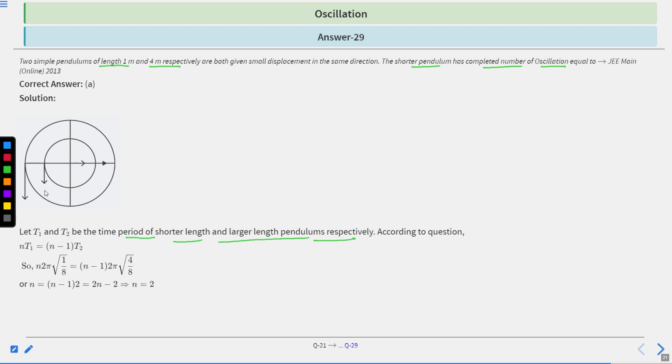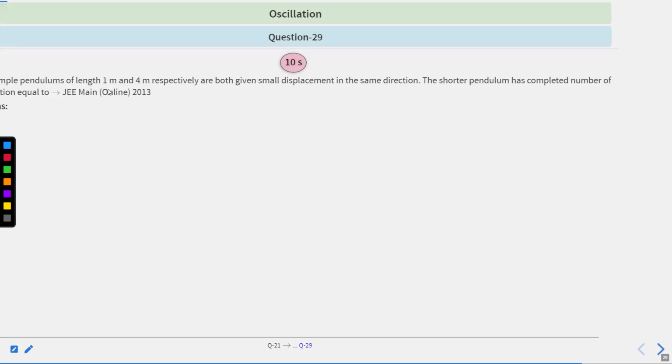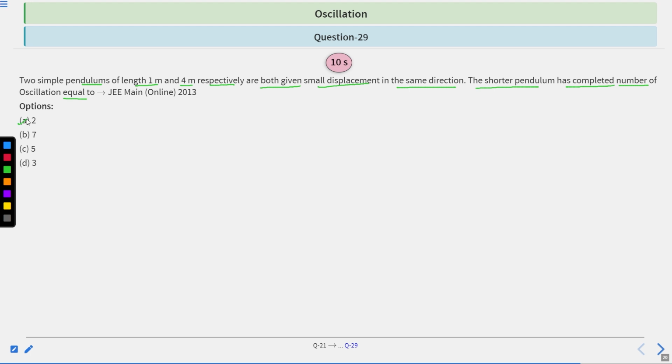According to the question, n T1 is equal to (n minus 1) multiplied by T2. Solving this equation, you will get n times 2 pi under root 1 by 8 is equal to (n minus 1) times 2 pi under root 4 by 8. After solving, you will get n equal to 2. So option A is correct, n equal to 2.